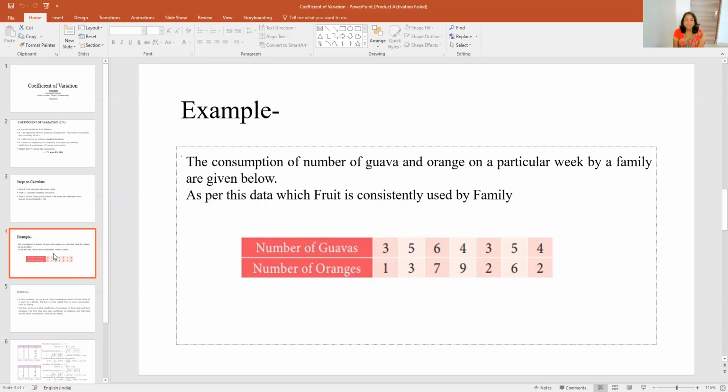Instead, they have asked which fruit is consistent. Whenever the term consistency or uniformity is used, it means we need to calculate the coefficient of variation. If the coefficient of variation is more, it means consistency will be low and variability will be more.